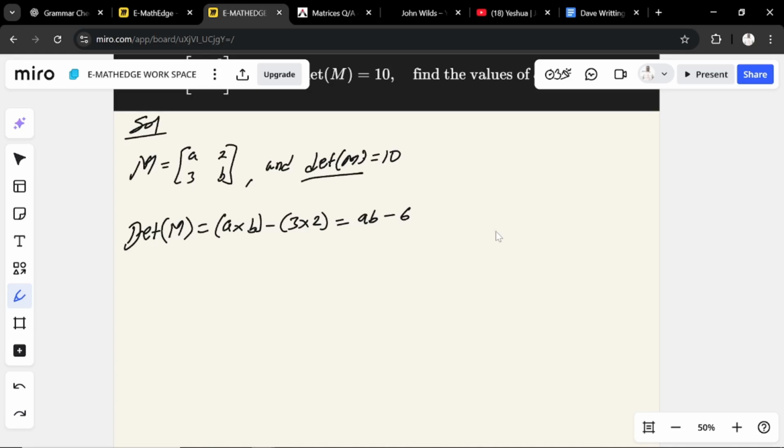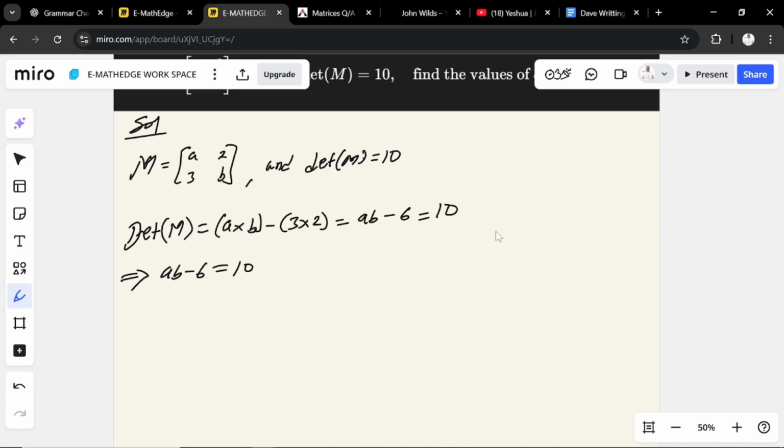Since we can't simplify this AB minus 6 further, we equate it to 10. This simply means that AB minus 6, which happens to be the determinant which we obtain in this case, is equal to the given value, which is 10.